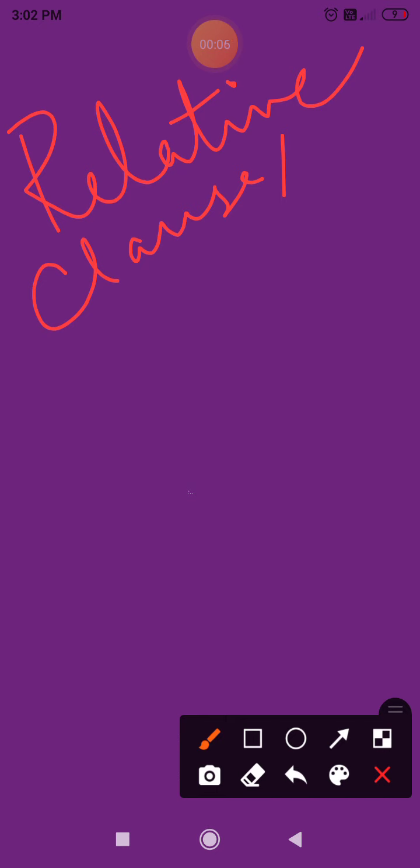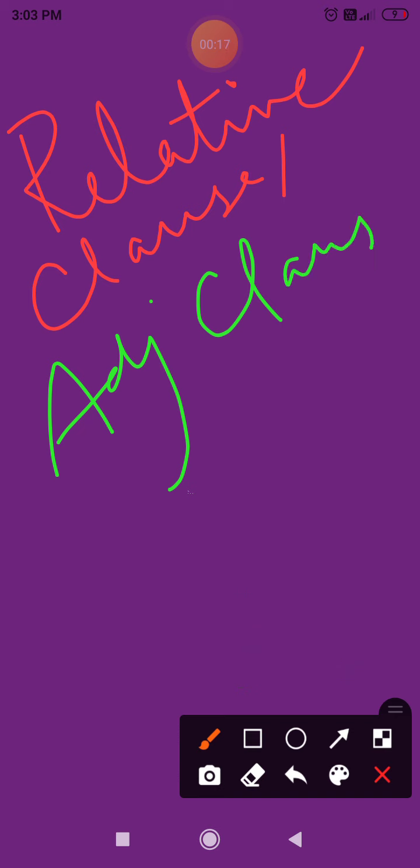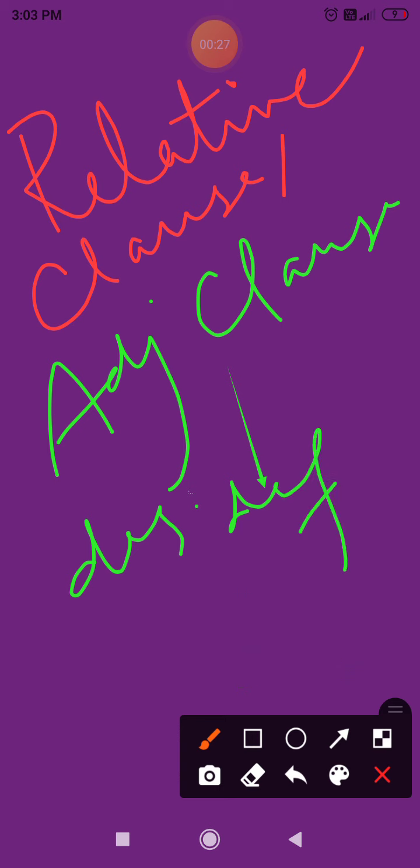In the previous lecture, we learned that relative clause or adjective clause is that part of a sentence which describes, defines, and identifies a person, a place, or a thing.